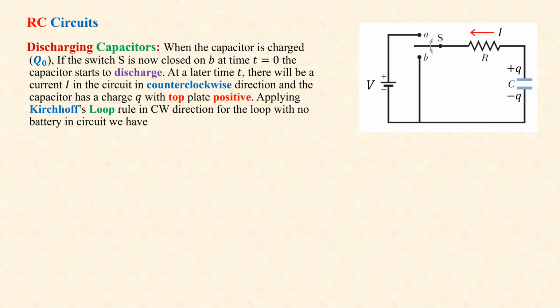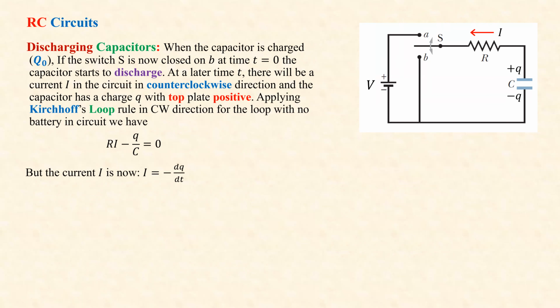Applying Kirchhoff's loop rule in the clockwise direction for the loop with no battery, this loop is now connected to B. If you go this way, you get IR, and then here from positive to negative, negative Q over C. So RI minus Q over C equals 0.